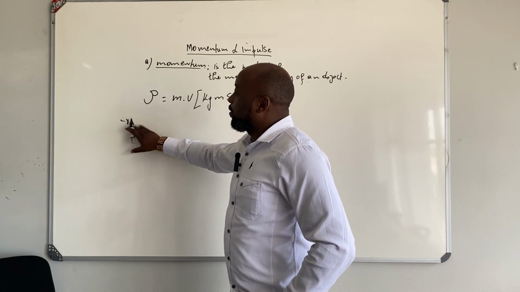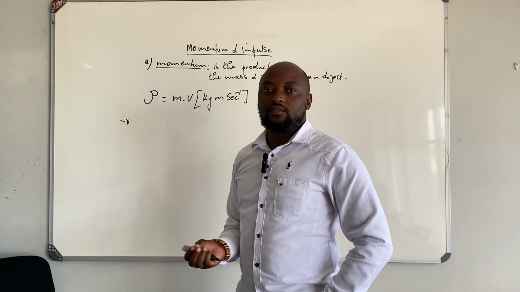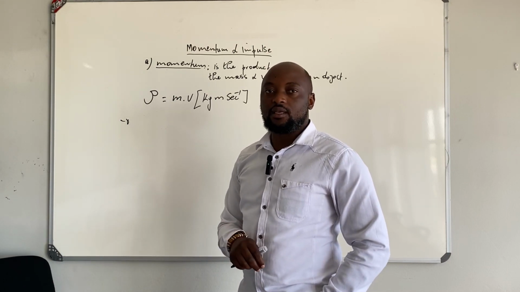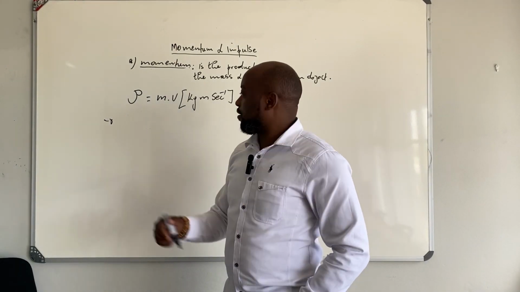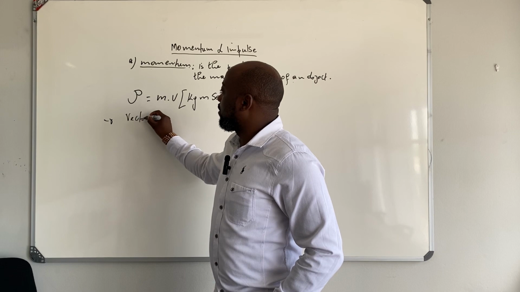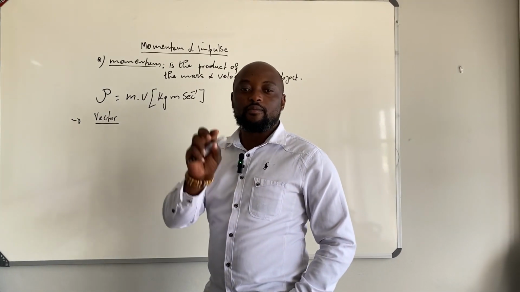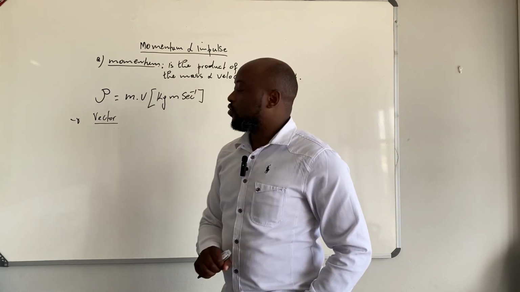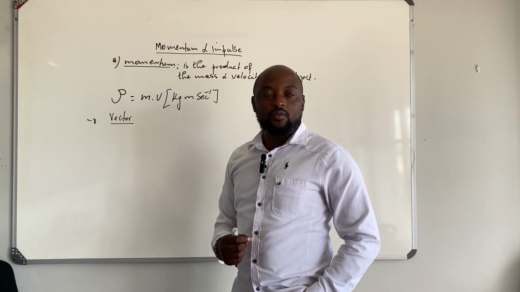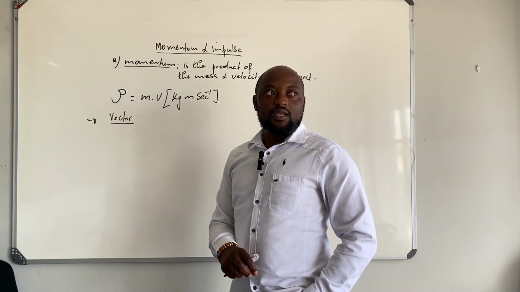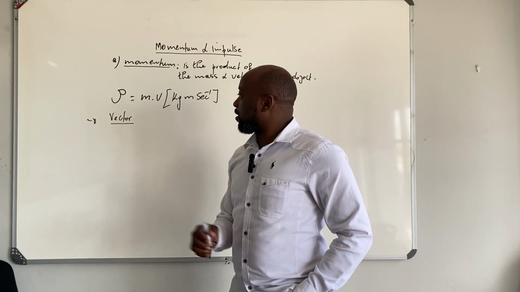What is important also to know, since I was talking about vectors and scalars, is that momentum has a vector nature. Vector nature meaning what? A vector is a physical quantity that has both magnitude and direction. So when we are talking about momentum, we are observing a phenomenon whereby an object is at the same time in motion, and also it has what?